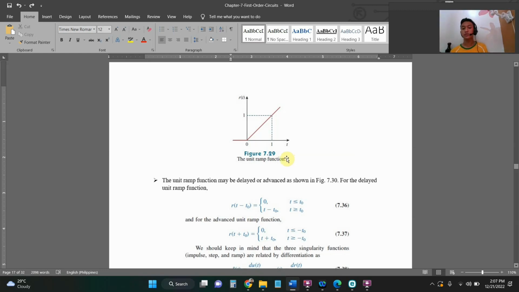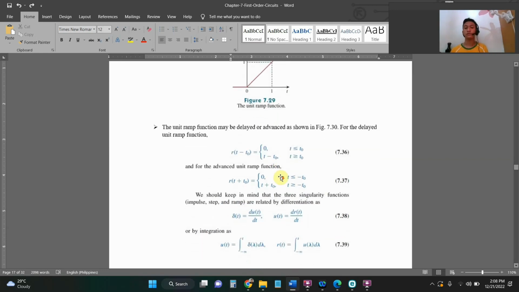And for the advanced unit ramp function, r(t + t₀) is equal to 0 when t is less than or equal to negative t₀, and t + t₀ when t is greater than or equal to negative t₀.